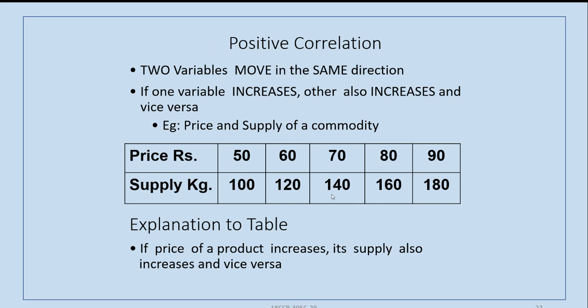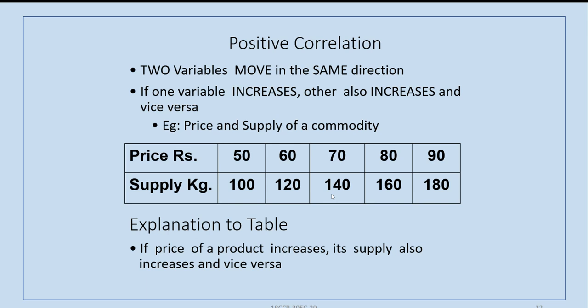Here is some explanation about these relationships. Positive correlation is when two variables move in the same direction. That is, one variable increasing, another variable also increasing. One variable decreasing, another variable also decreasing. The price is increasing, supply is also increasing. See there, price 90 rupees, 180 kilos are there because demand is also like that.